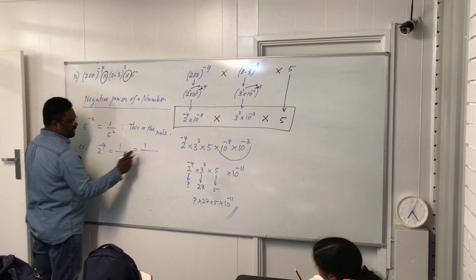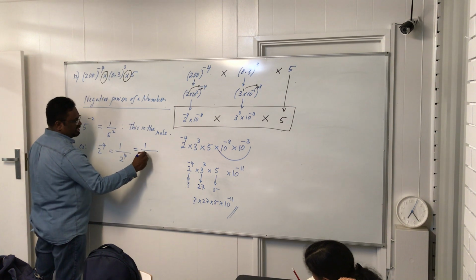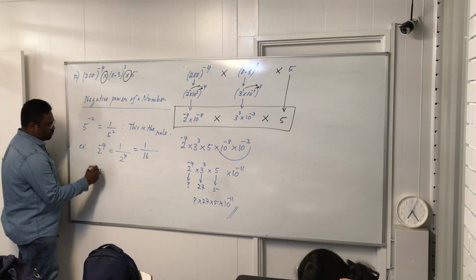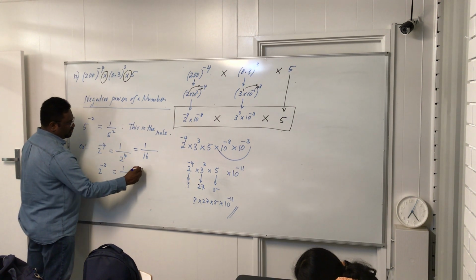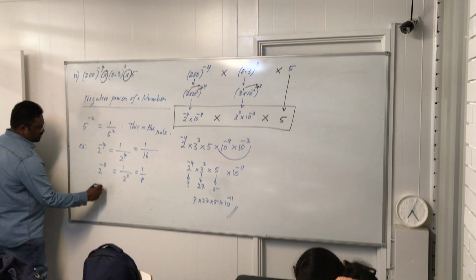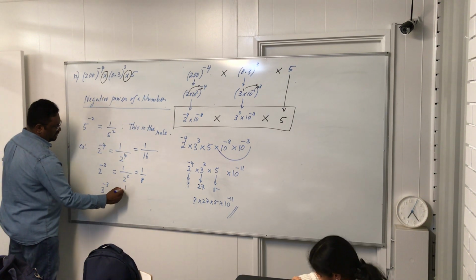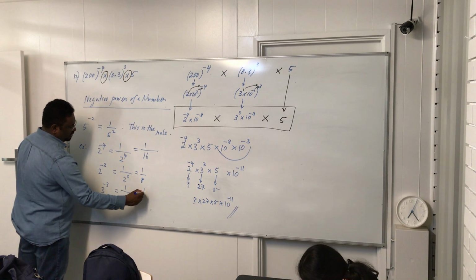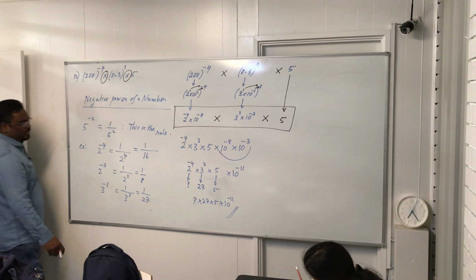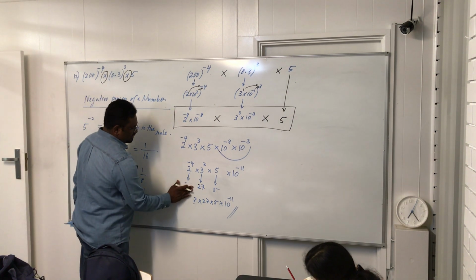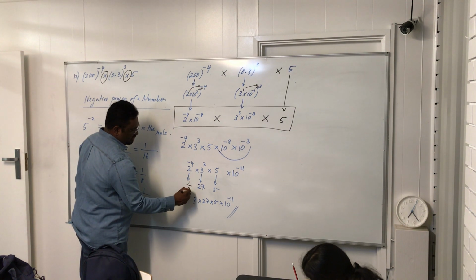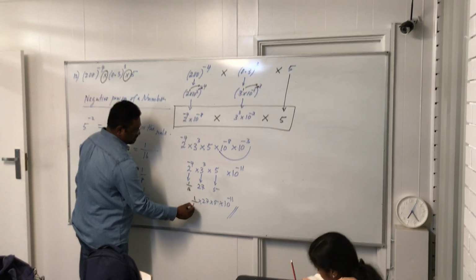So 1 divided by 2 to the 4 is going to be 1 divided by 16. 2 to the minus 3 is going to be 1 divided by 2 cubed, which is 1 divided by 8. 3 to the minus 3 is going to be 1 divided by 3 cubed, which is 1 divided by 27. So similarly, this is going to be now 1 divided by 16, and 1 divided by 16 comes here.